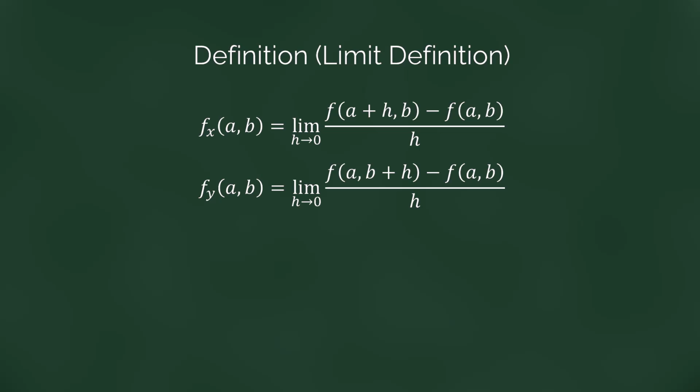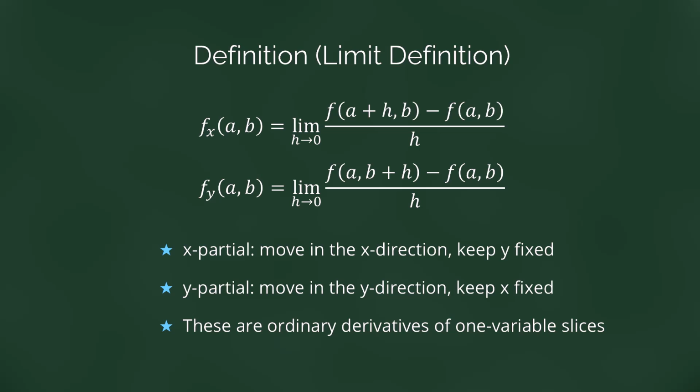Similarly, we'll define the partial derivative with respect to y, f sub y of a, comma b, as the limit as h goes to 0 of f of a, comma b plus h, minus f of a, b, all over h. Again, notice here that for the derivative with respect to y, the x component of the formula remains fixed.